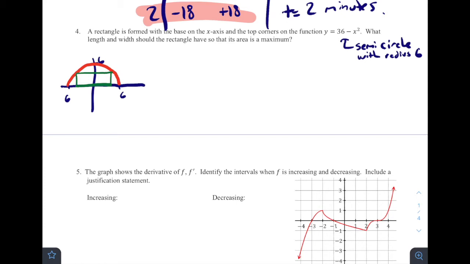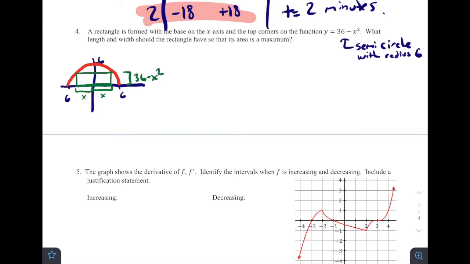So the top corners are on the function. What length and width should the rectangle have so that it's a maximum? Since this is from the origin, the distance from here to here is going to be x, and that would be x as well. And then the height of this is going to be whatever the height of the function is. So that's going to be 36 minus x squared.